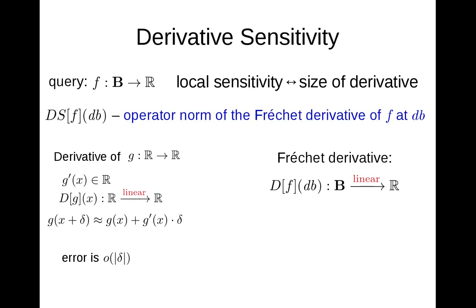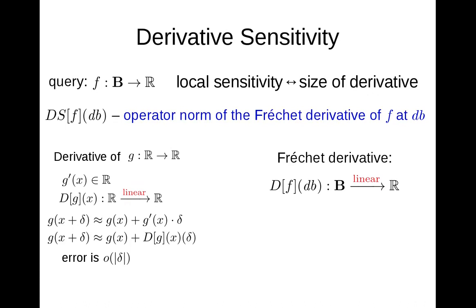And the only linear mappings from real numbers to real numbers are those that multiply its argument with a constant. So this constant would be this g prime of x. And then this approximate equality can be rephrased as follows: the change is d of g at the point x applied to the change delta.